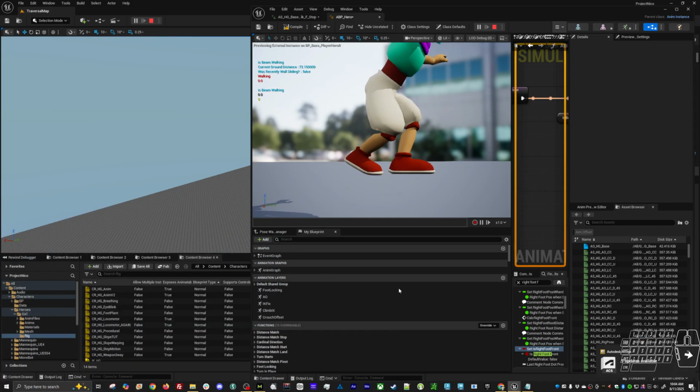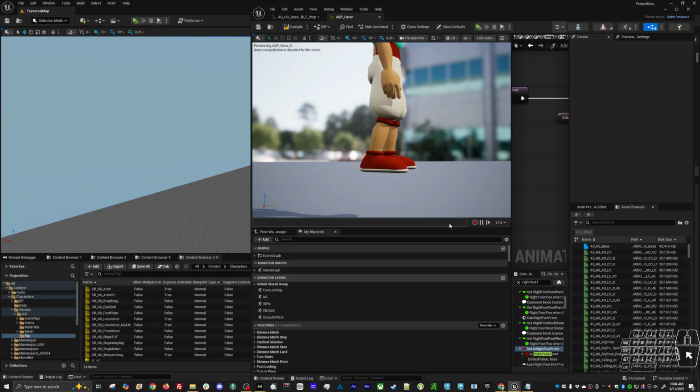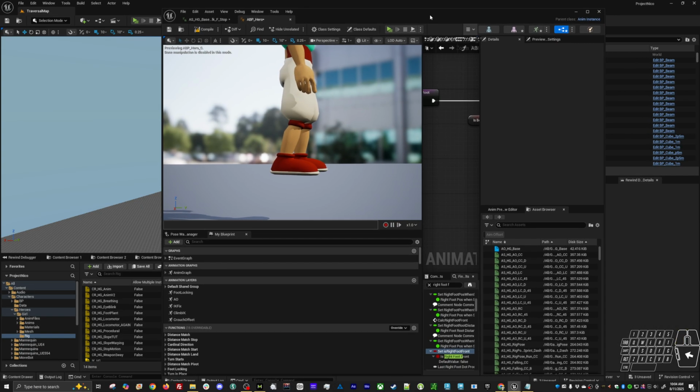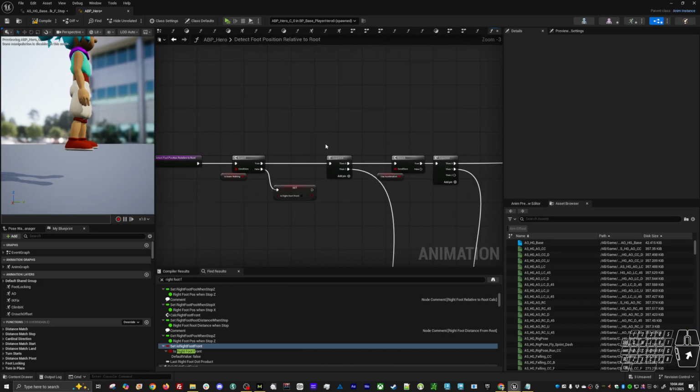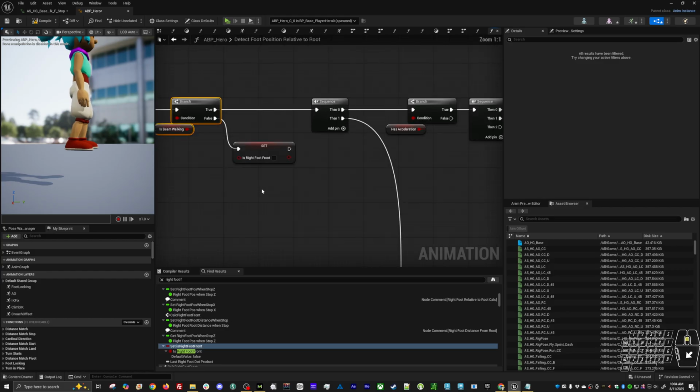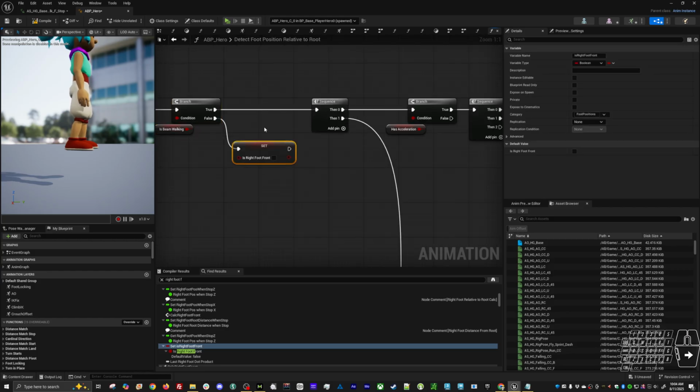Okay, so how are we calculating that? We are saying this function right here. Like I said, we're checking beam walking first, and if we're not beam walking, then right foot is never in front and we're just not calculating it. So we're doing all of this to figure out if we should set this bool to true or false.